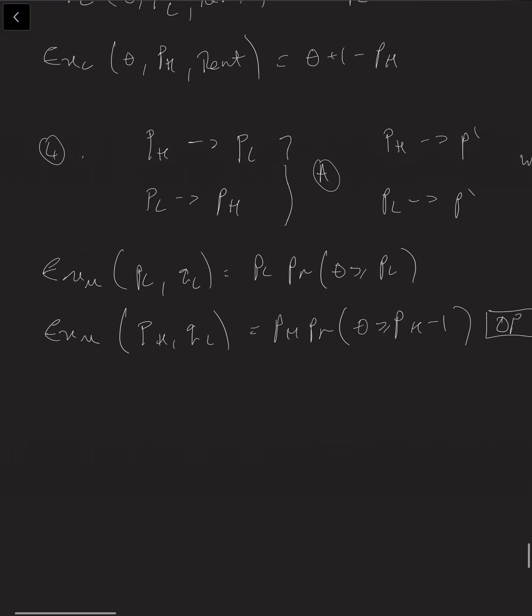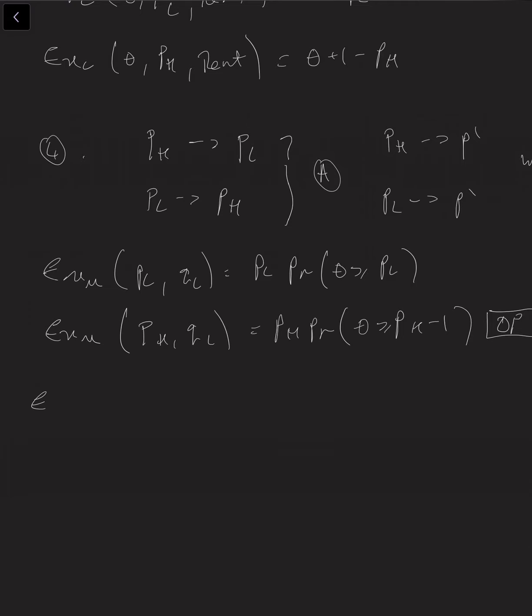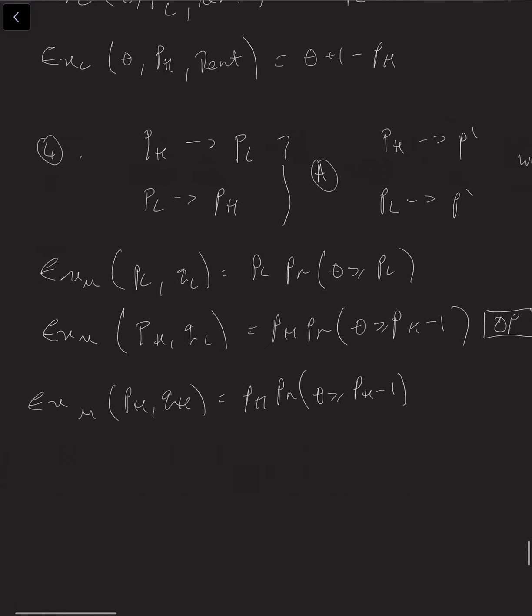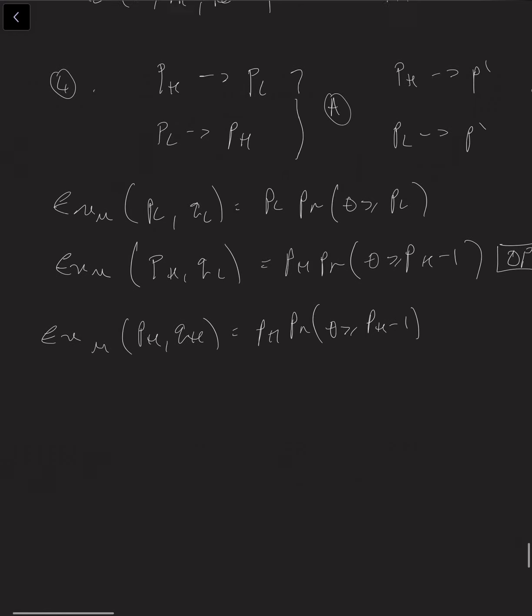Okay, what about Monica's utility from posting the high quality flat at the price PH? She's going to get PH times the probability that theta is greater than or equal to PH minus 1. What about the corresponding off-path utility?